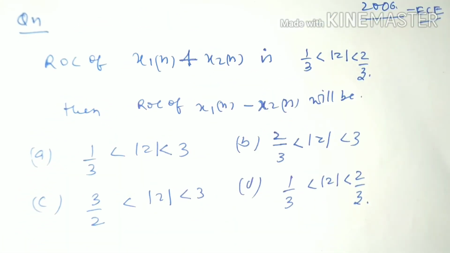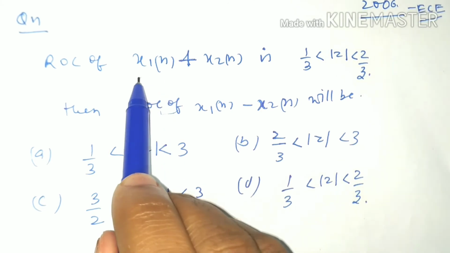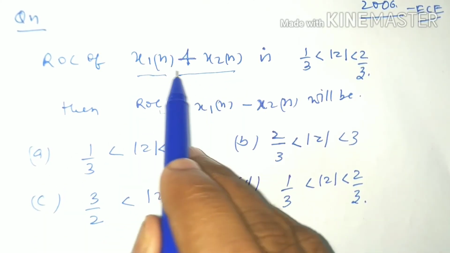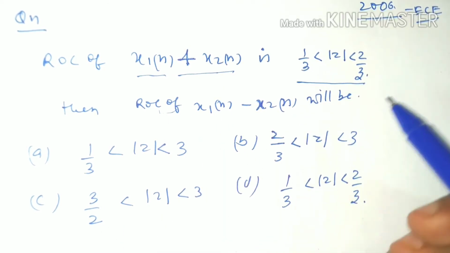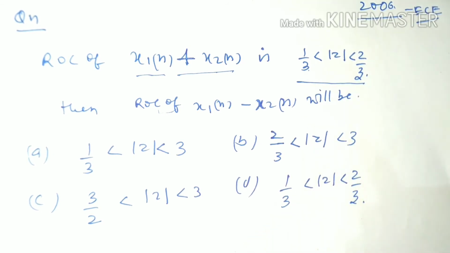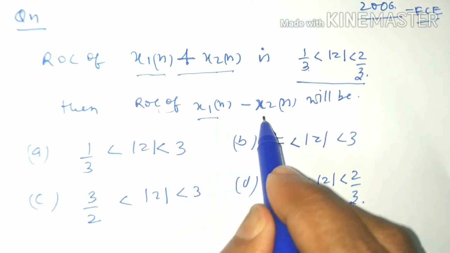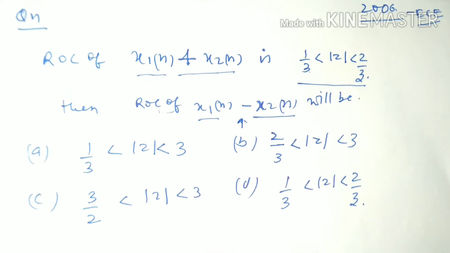Now we are going to discuss another problem. Let the ROC of x1[n] plus x2[n], that is the addition of two signals x1[n] and x2[n], be modulus of Z greater than 1 by 3 and less than 2 by 3. Then find the ROC of x1[n] minus x2[n], that is the subtraction of two signals.